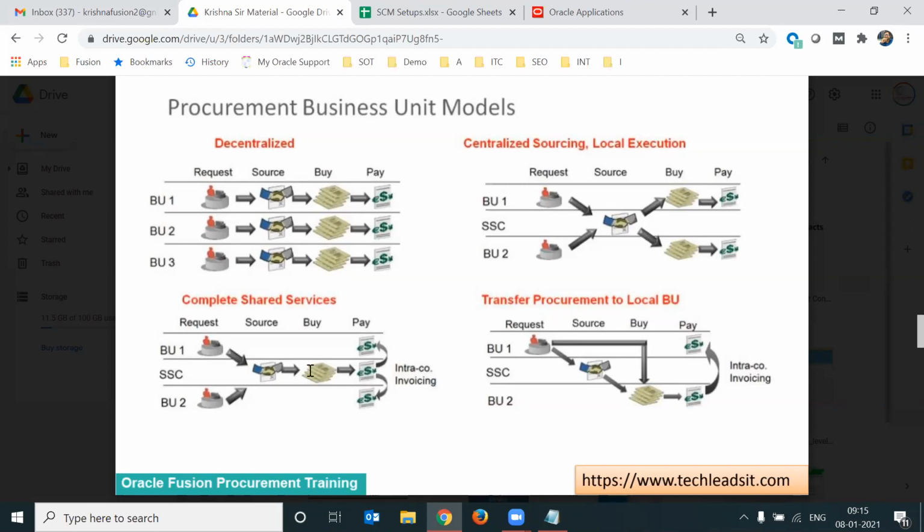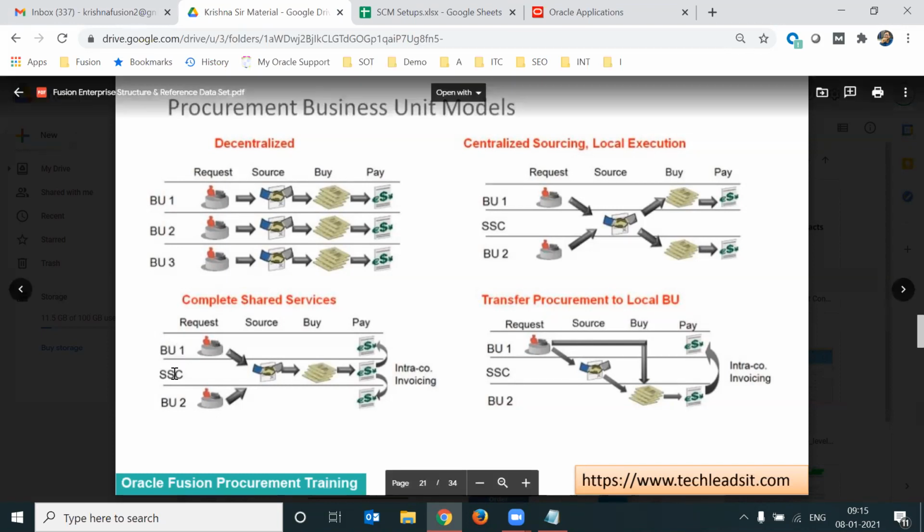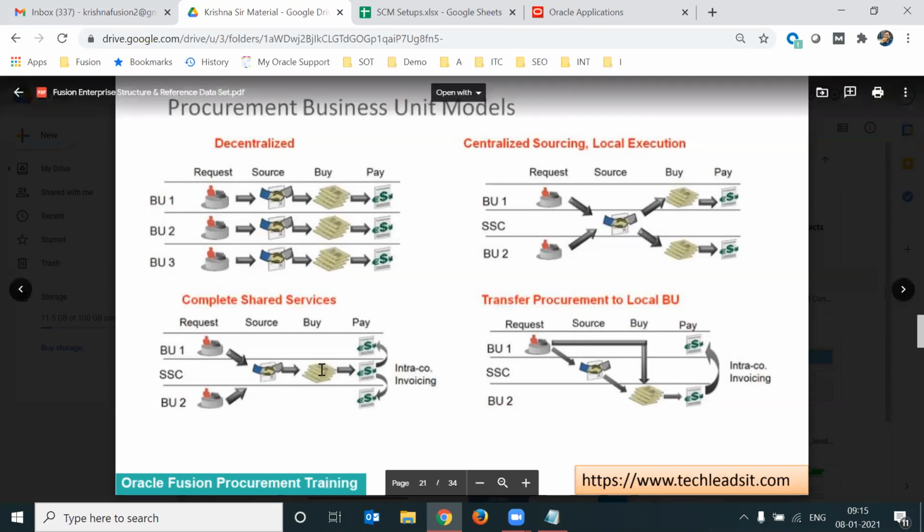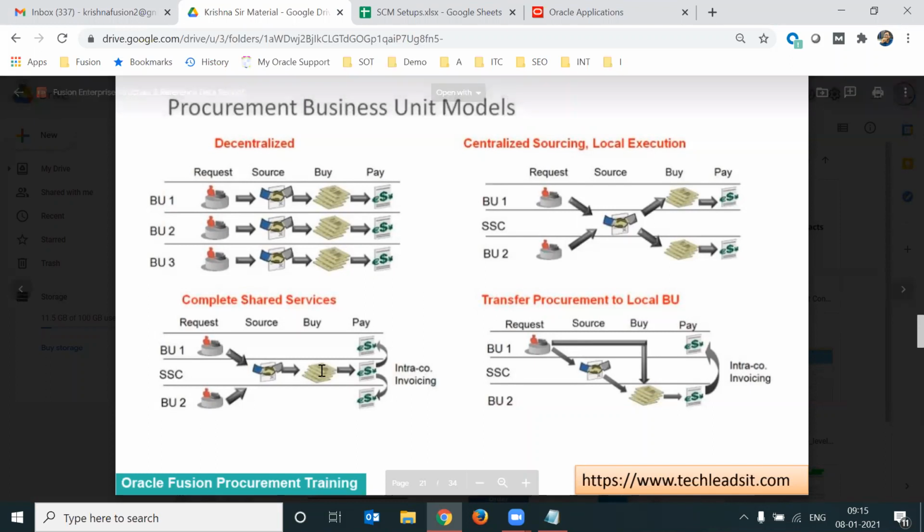So US is directly purchasing for you. And when US is creating a purchase order, in the purchase order, US is going to specify the India location and the China location. So the supplier is going to directly deliver to the India location and China location specified in the purchase order.